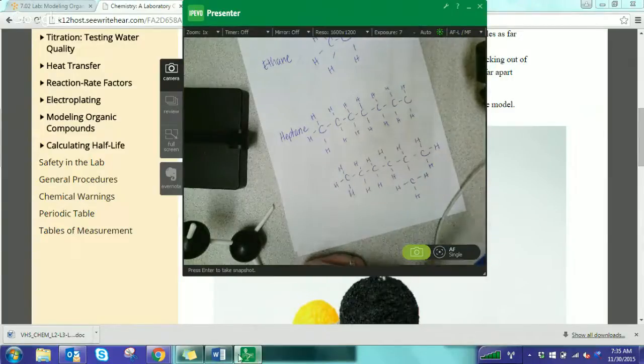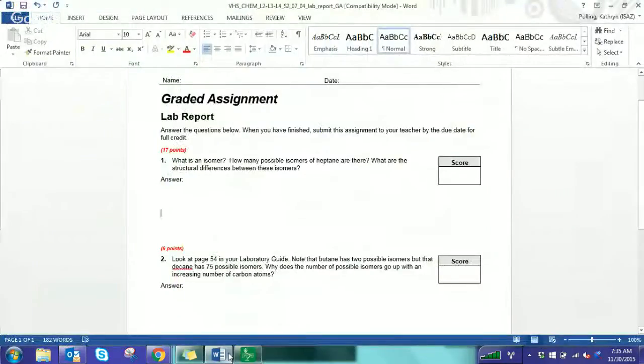Because for the rest of it, the other 2 questions, looking at page 54 in your laboratory guide, note that butane has 2 possible isomers, but that decane has 75, right? Why does the number of possible isomers go up with an increasing number of carbon atoms? That one you can probably answer right now, or definitely after having figured out how many different isomers there are for heptane, you'll have a much easier time answering that one.